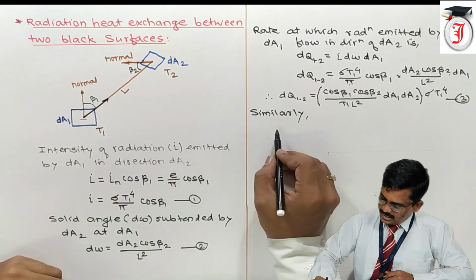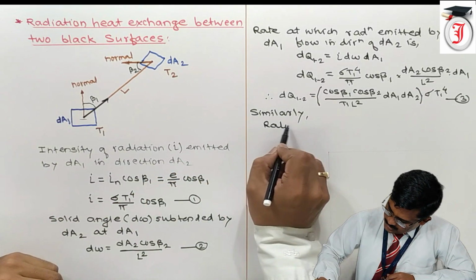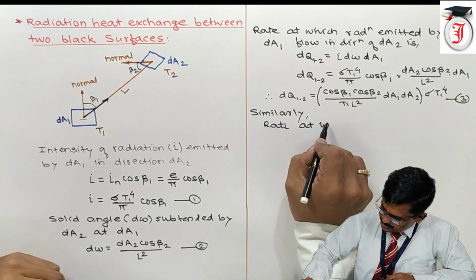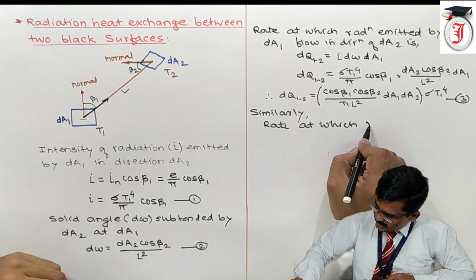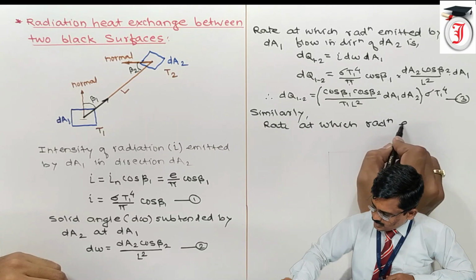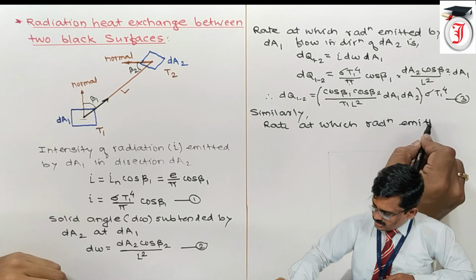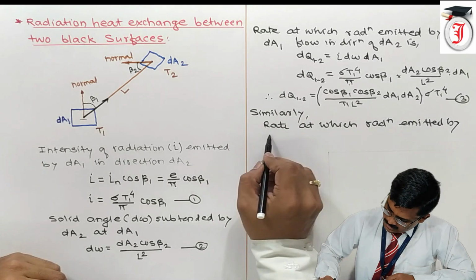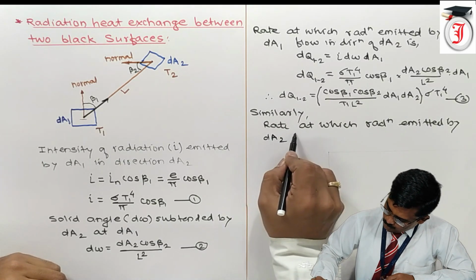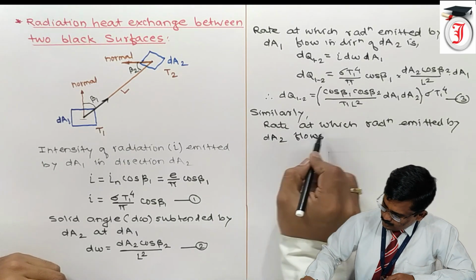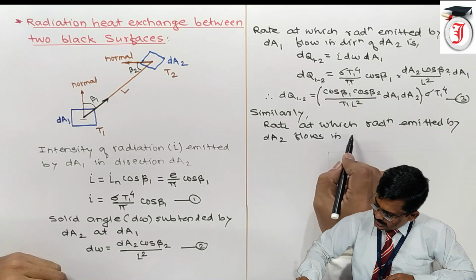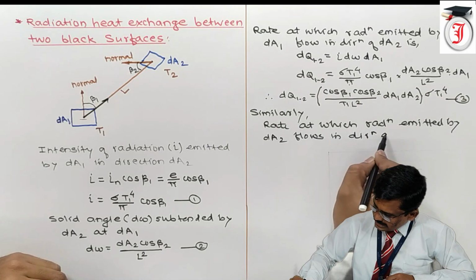Similarly, we can write the rate at which radiation emitted by dA2 flows in the direction of dA1.